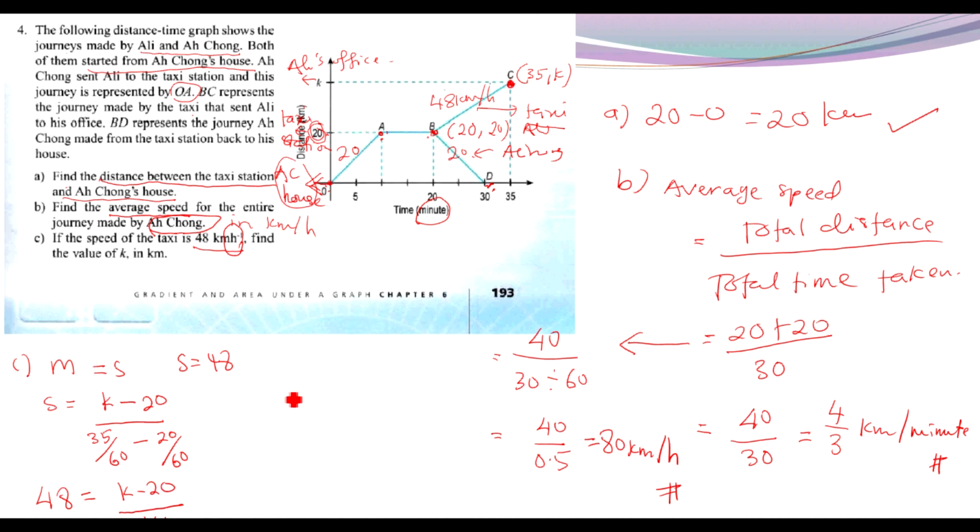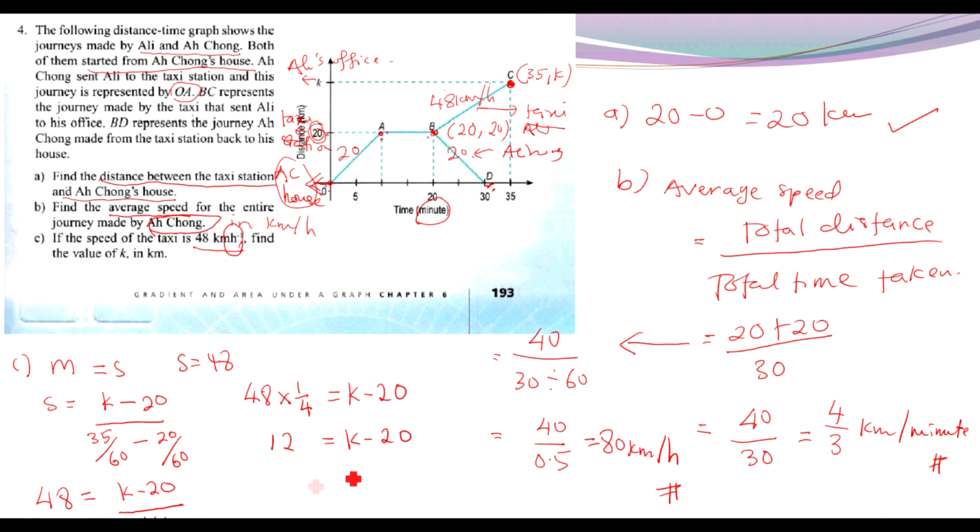You're going to find K, that means 48 times 1/4 equals K minus 20. So you multiply, this equals 12 equals K minus 20.